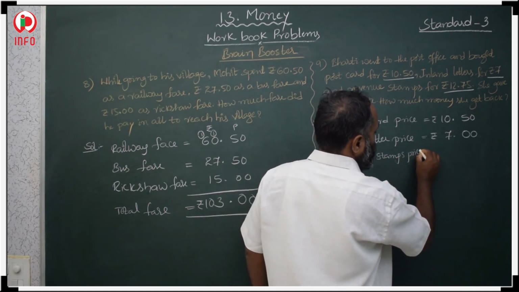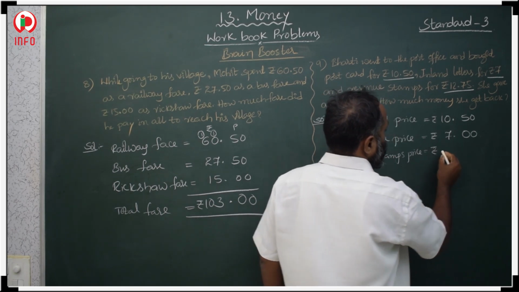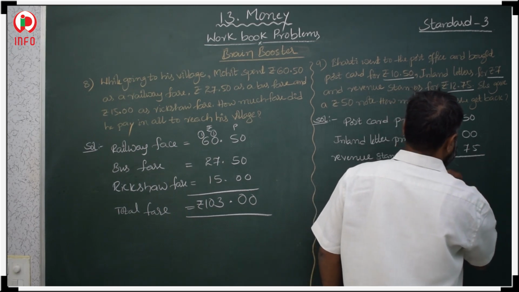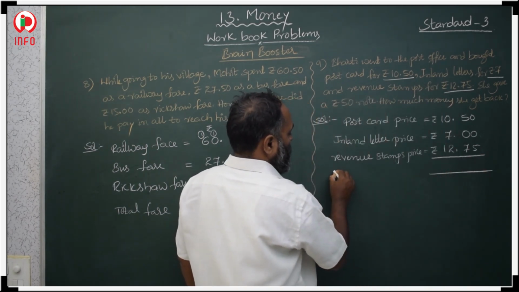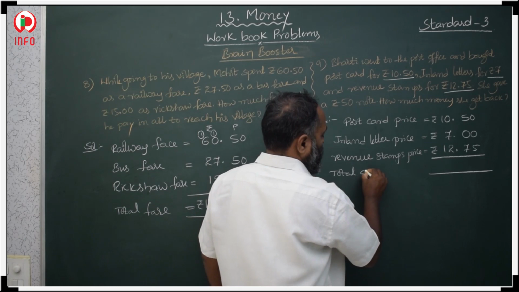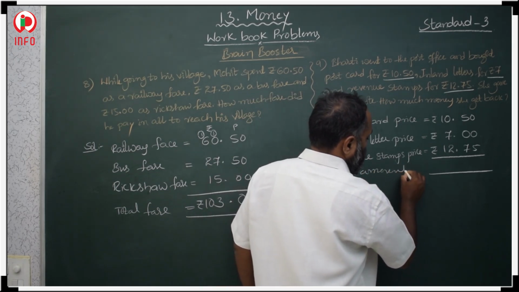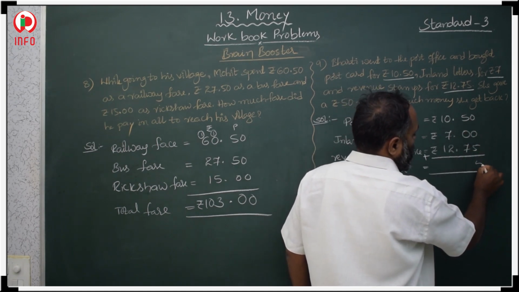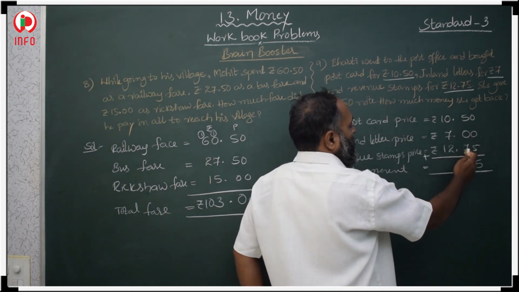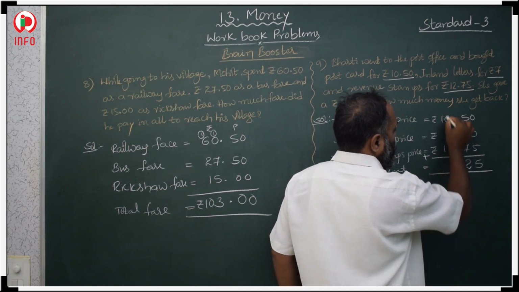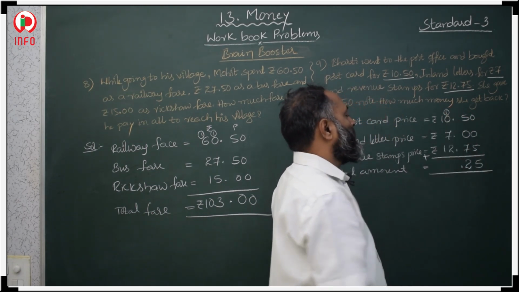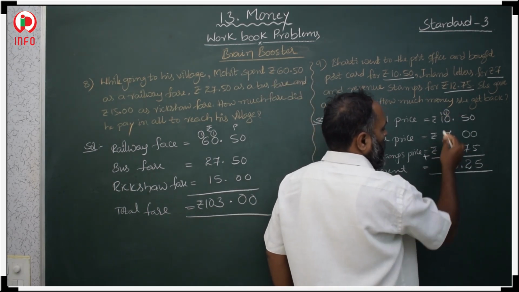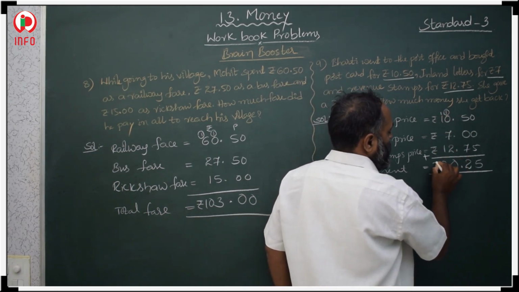Revenue stamp price: 12 rupees 75 paisa. Then the total amount. So add: 0 plus 0 is 0, 0 plus 5 is 5. 5 plus 0 is 5, 5 plus 7 is 12 and 1. 0 plus 1 is 1, 1 plus 7 is 8, 8 plus 2 is 10. 10 means 0 and 1. 1, 2, 3. 30 rupees 25 paisa.